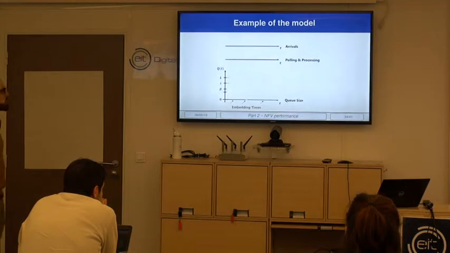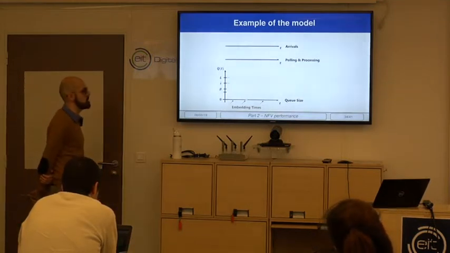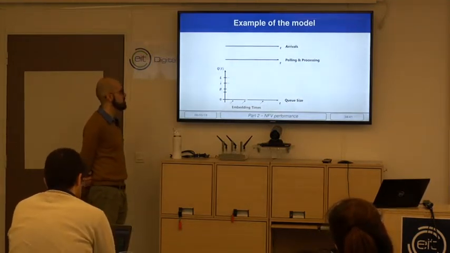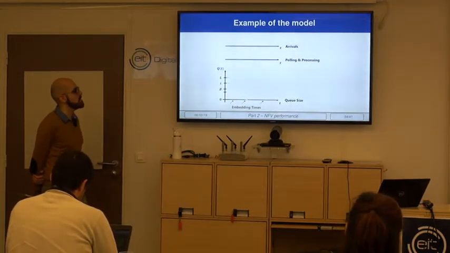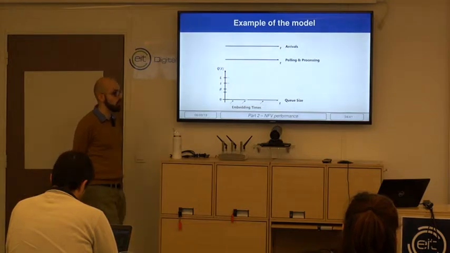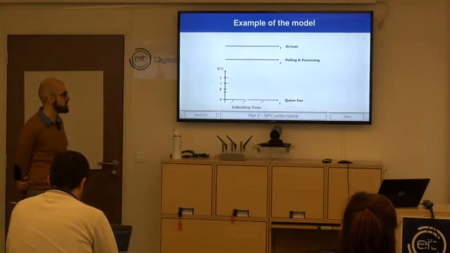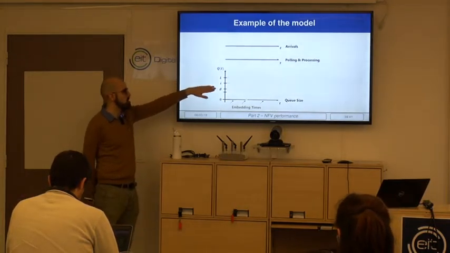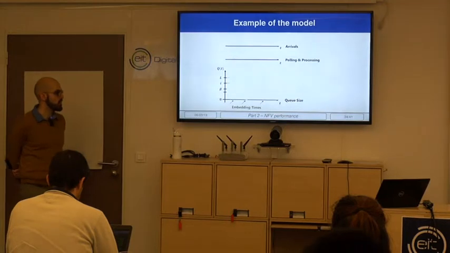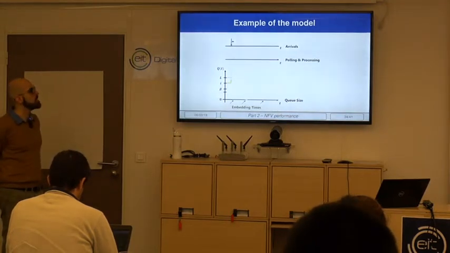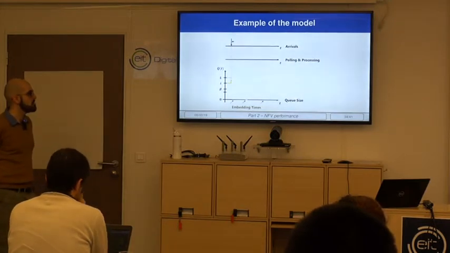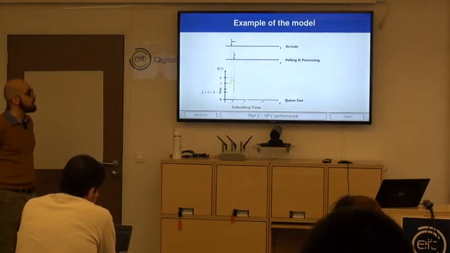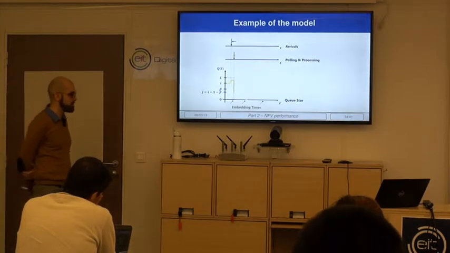Here, I am considering on the bottom the evolution of the queue size, so queue as a function of time, and on the top, I have the process of arrivals and the polling plus the processing. Let's imagine that at one point of time, our queue was of size i. When an arrival occurs, the queue will grow to i plus 1. Then imagine that processing occurs.